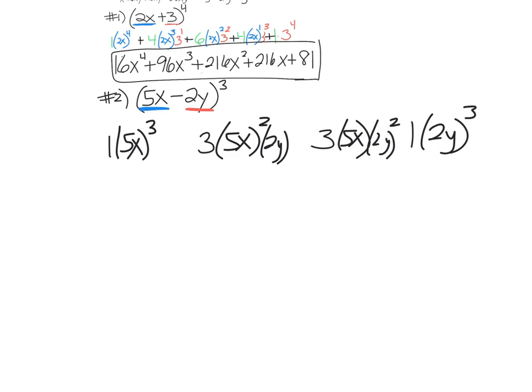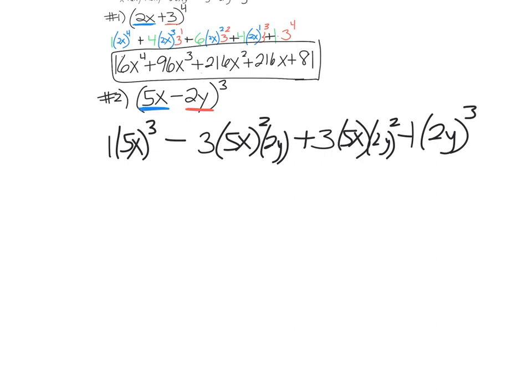My first term, which is the first one right here, 1 times 5x cubed, is positive. And then it'll be negative, and then positive, and then negative. Okay? So positive, negative, alternates. And now we've got to clean it up. So I have 1 times 5 to the third times x to the third.